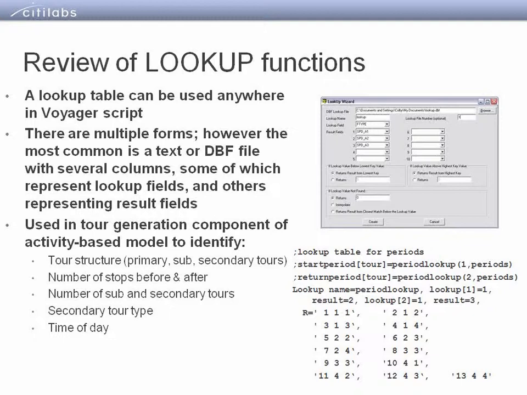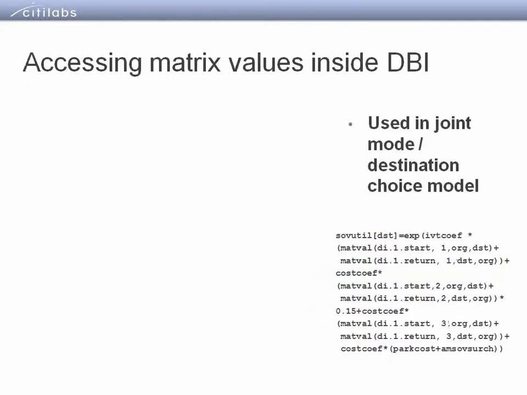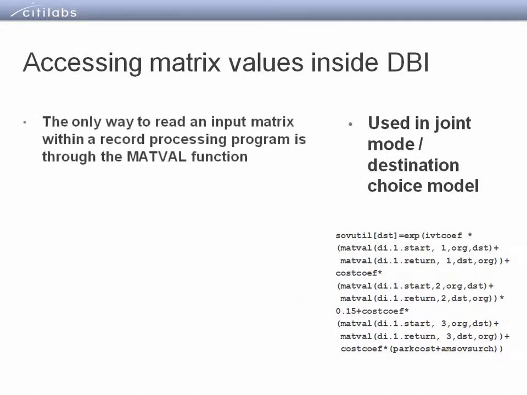But I suppose, depending on how you want to program it, you could use lookup tables for a lot of things, for model coefficients and other types of things. Yeah, you're right, I take it back. This is more about the model structure. But anyway, there's a lot of stuff that's nicely put into lookup tables here.